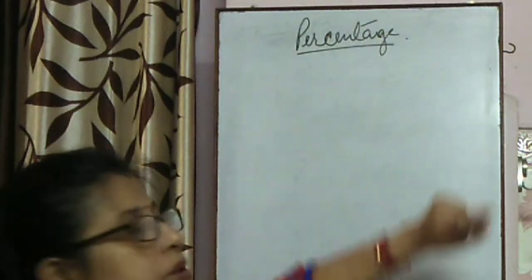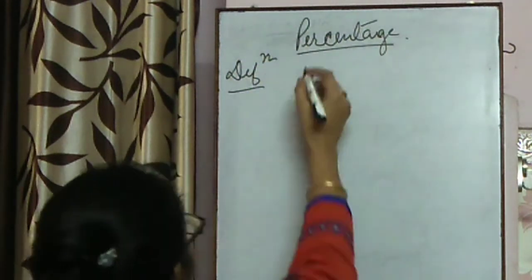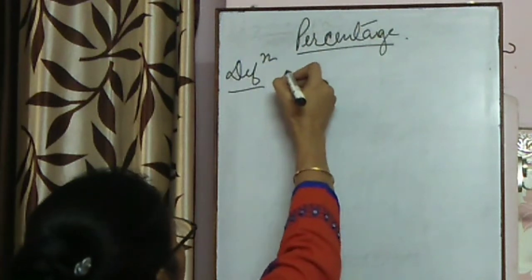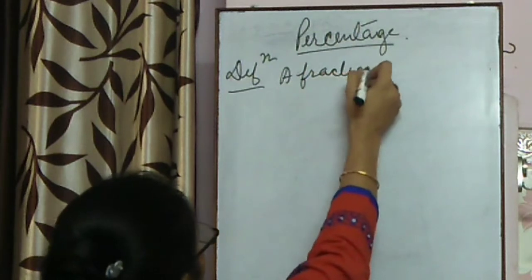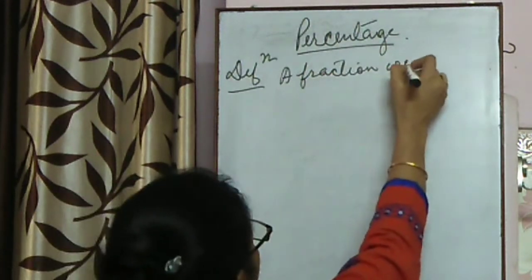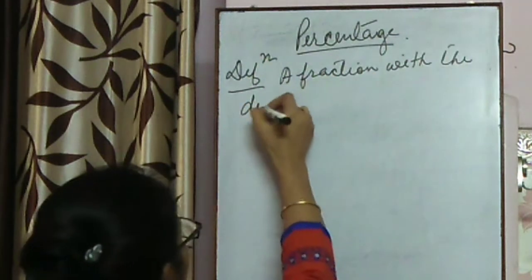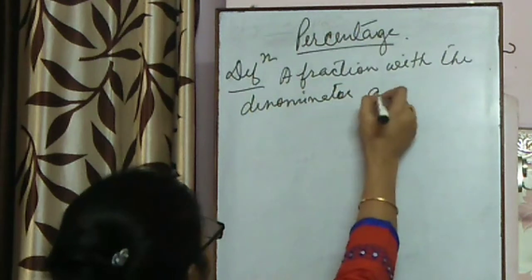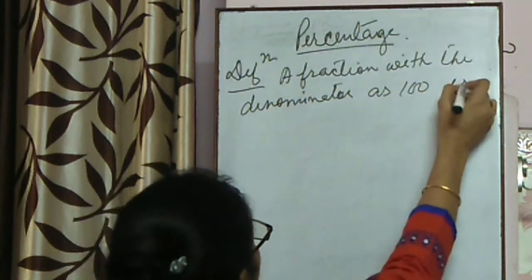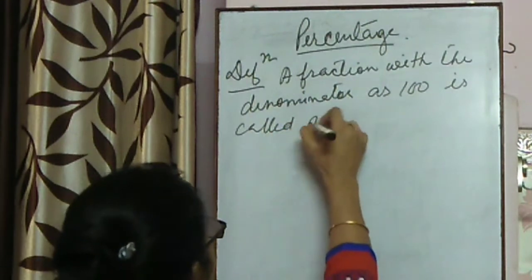Now the percentage. What does this percentage mean? Definition. A fraction with the denominator as 100 is called percentage.